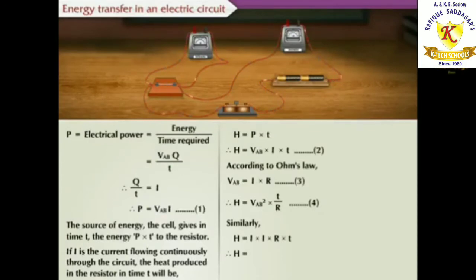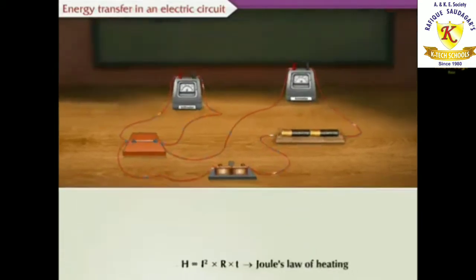Therefore, H is equal to I square into R into t. Let this be equation number 5. So, H is equal to I square Rt, which is known as Joule's law of heating.